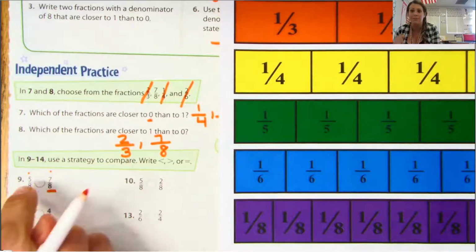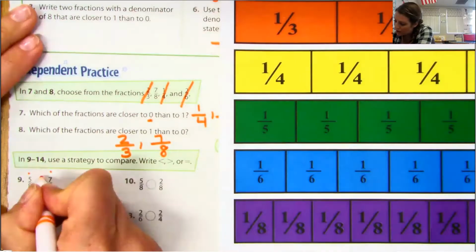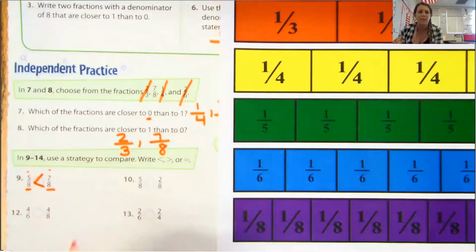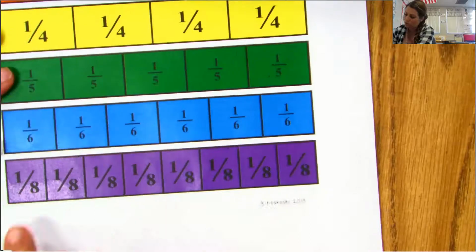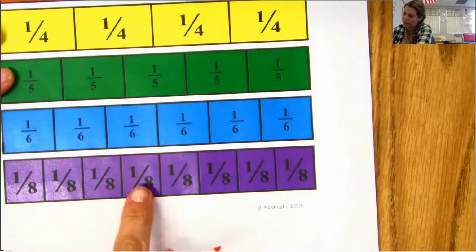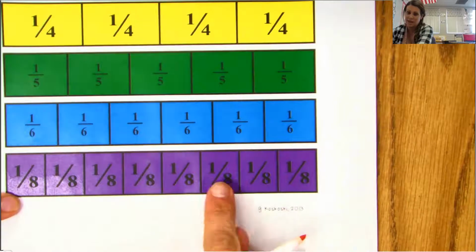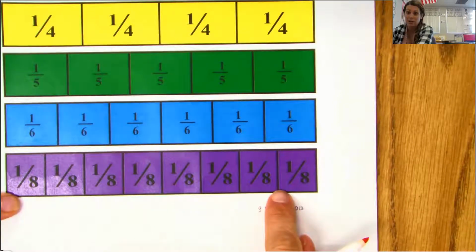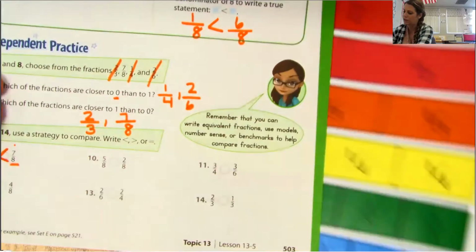What's greater, 5 or 7? 7, right? So our alligator mouth is going to be eating the greater number, 7/8. And if we look here, 1, 2, 3, 4, 5/8 would be right here, right? 6, 7/8 is all the way over here. So we know 7/8 is greater. 5/8 is smaller.